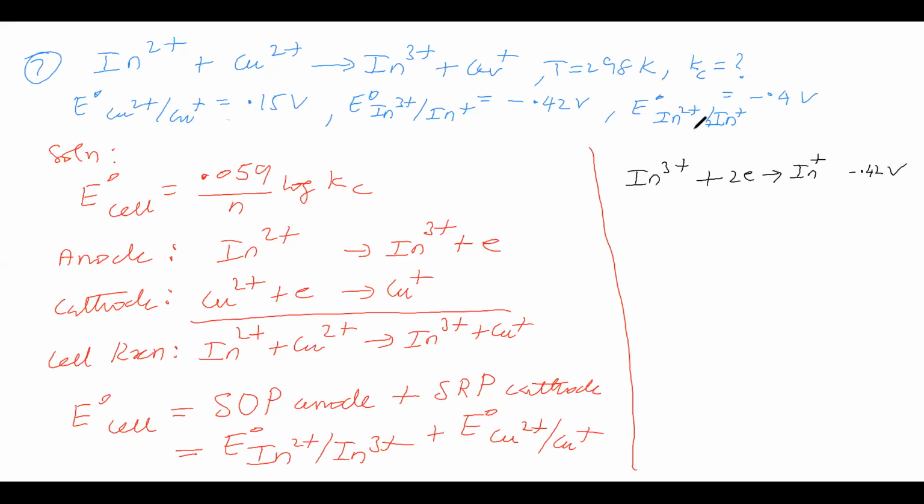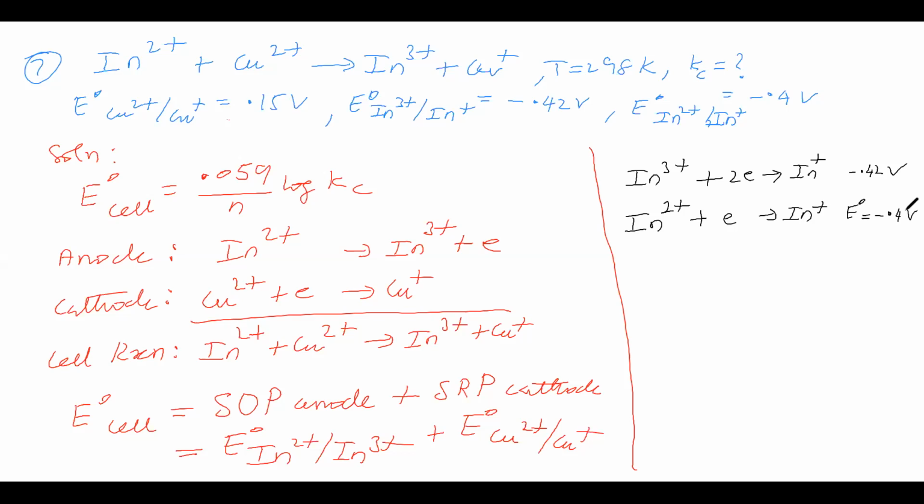Next given is In2+ | In+. This means In2+ is converting into In+. For this E naught is given as minus 0.4 volt.